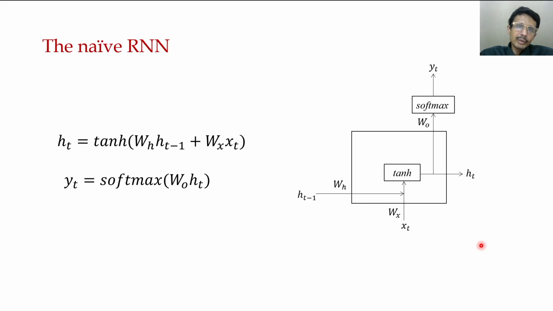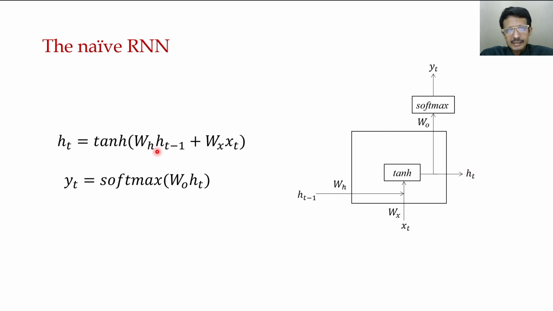Now we are going to understand the problem of the naive RNN or simple RNN by taking an example. In our previous discussion, we saw that this naive RNN has a very simple architecture.